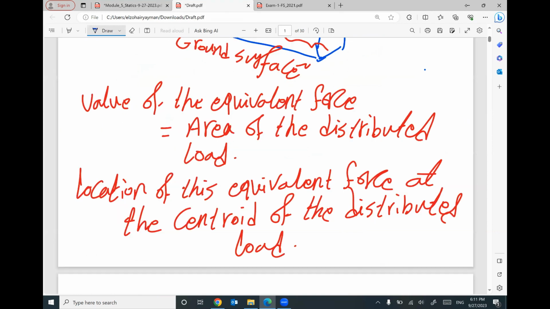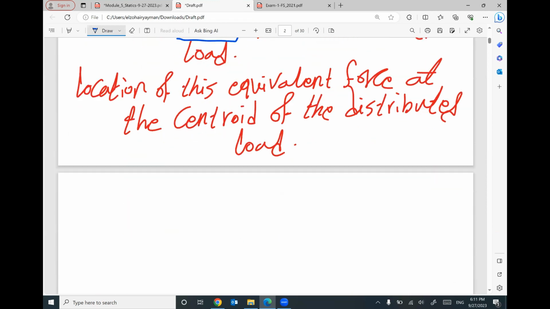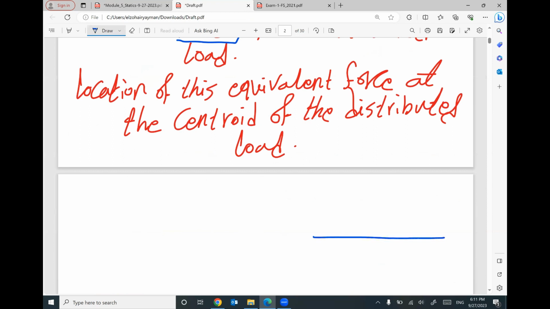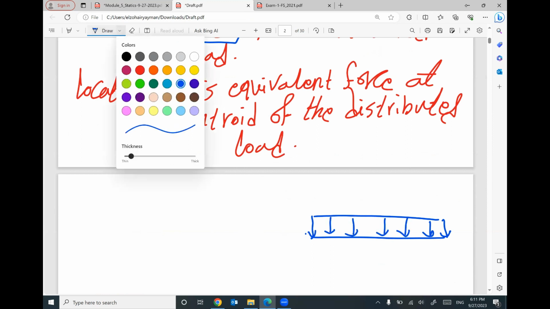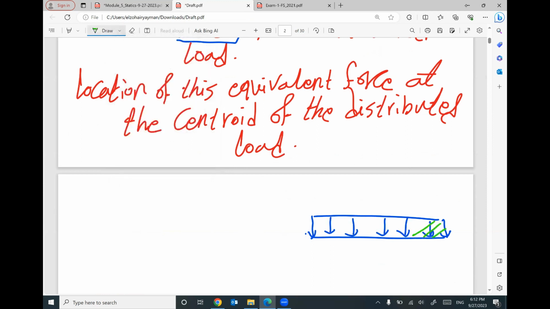So if you would like to figure out the value of this concentrated equivalent load, you have to get the area of this distributed load. I mean, if your distributed load is uniform, that means the shape of the distributed load is rectangle. The area of this rectangle equal this height times this length.